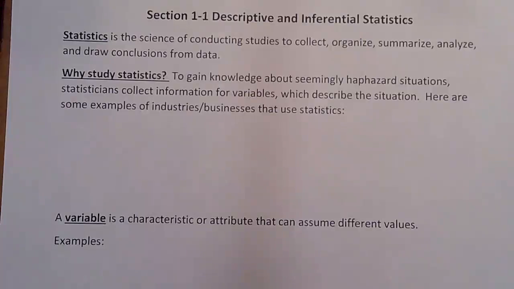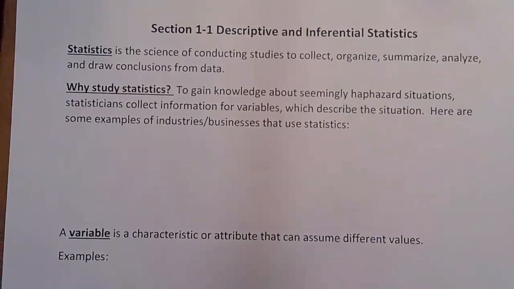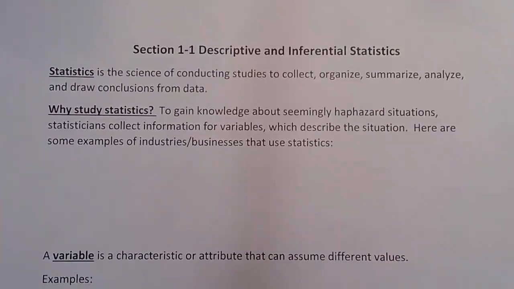For example, statistics. Your very first problem on your quiz is going to concern the definition of statistics, which is the science of conducting studies to collect, organize, summarize, analyze, and draw conclusions from data.